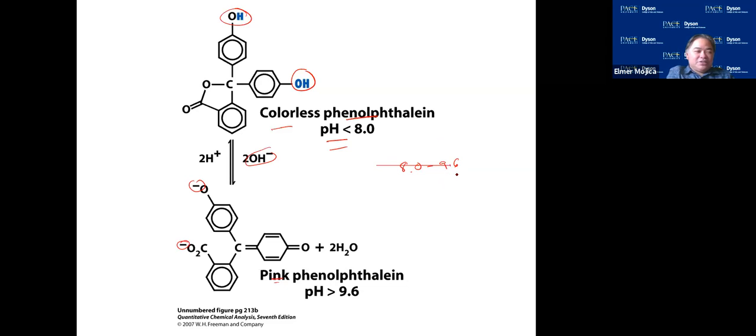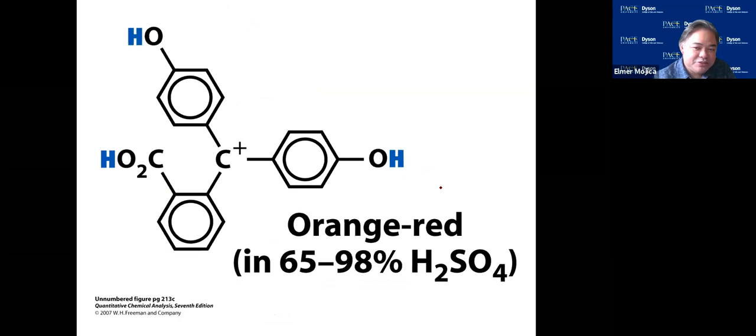That's why, what is your experience with phenolphthalein? A drop could make a large difference from colorless, or we could say light pink. You add the drop, it becomes dark pink. Okay. And there's also another form of phenolphthalein, and this is when you put it in sulfuric acid.